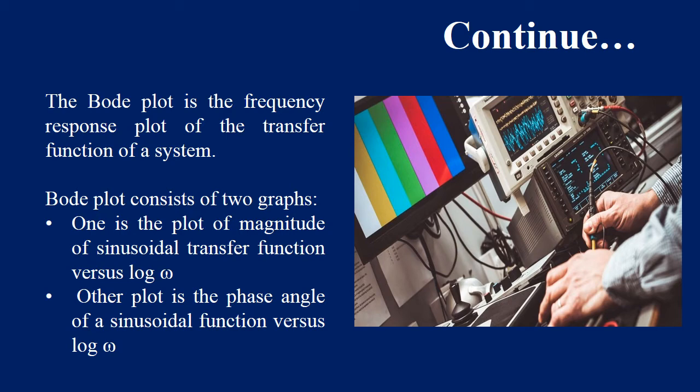Therefore, the system can be described for every frequency just by its gain and phase shifts. The Bode plot simply traces the gain and phase shift of the system over a range of frequencies. There are 2 Bode plots, one plotting the magnitude or gain versus frequency, the Bode magnitude plot, and the other plotting the phase versus frequency, the Bode phase plot.